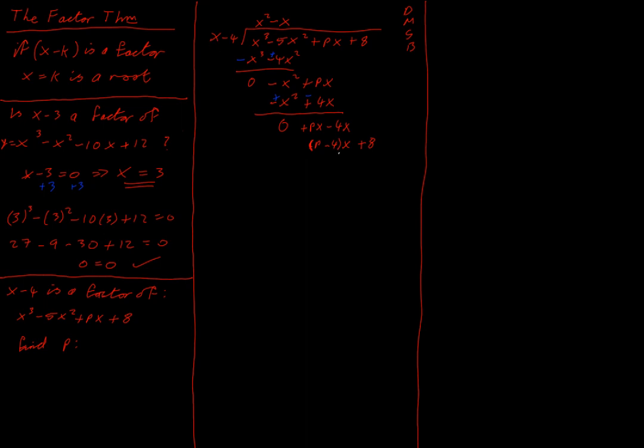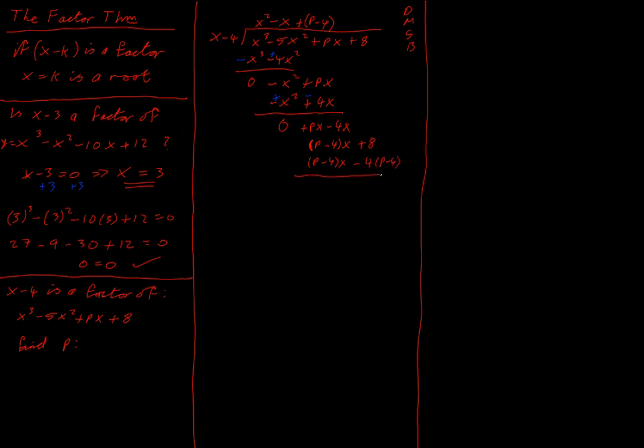p minus 4 multiplied by x divided by x is going to leave me with plus p minus 4. And then multiply p minus 4 by x, and then p minus 4 multiplied by minus 4 is minus 4 on p minus 4.